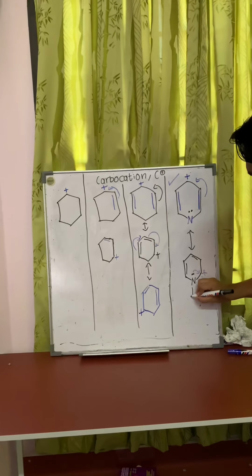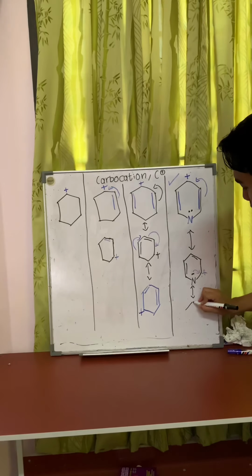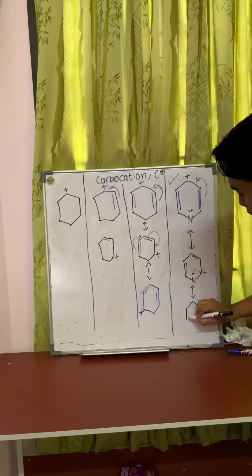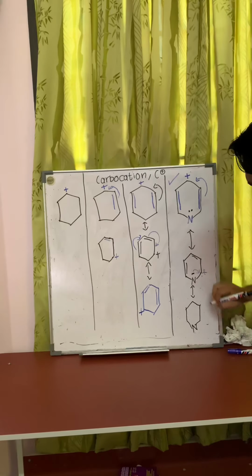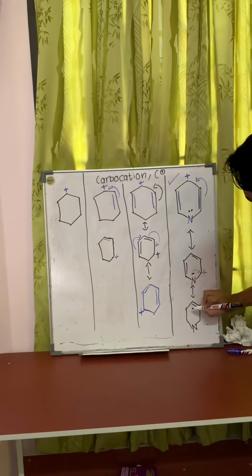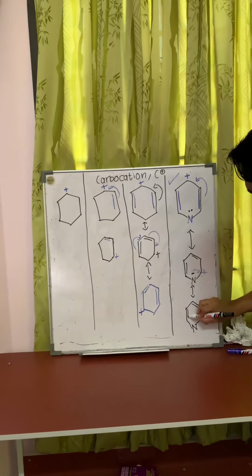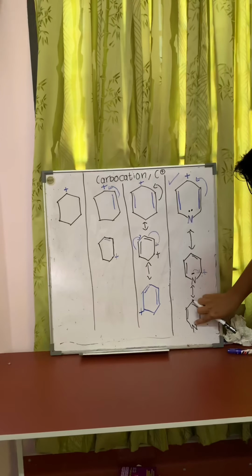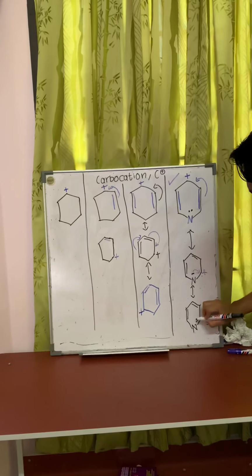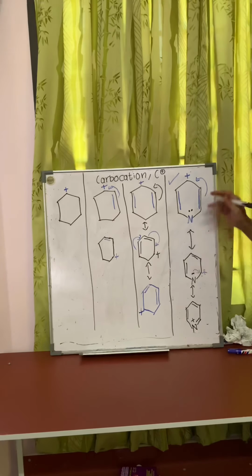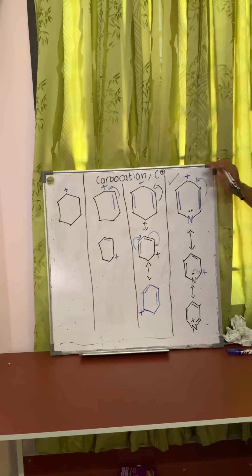So it will become like this, with the nitrogen here, the double bond here, and the positive charge at the nitrogen atom. So this is the resonance structure, and it will stabilize.